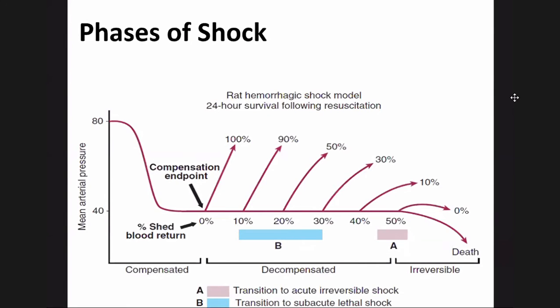So we have the phases of shock. Here, the pathophysiologic responses vary with time and in response to resuscitation. In hemorrhagic shock, the body can compensate for the initial loss of blood, primarily through the neuroendocrine response to maintain hemodynamics.